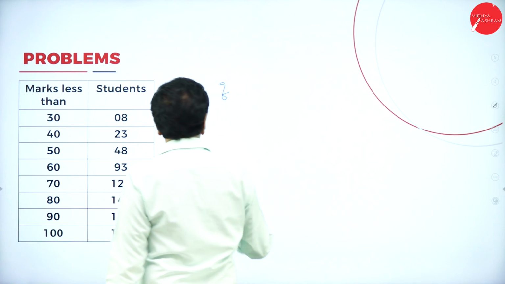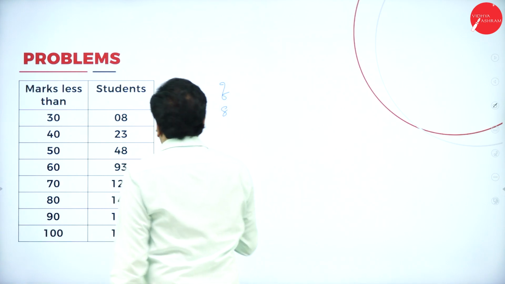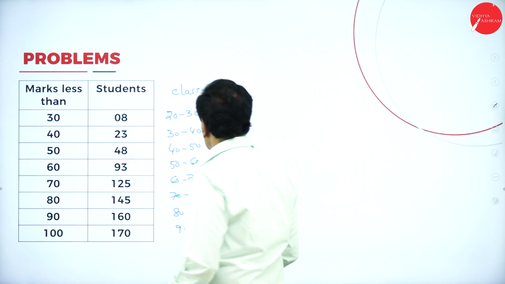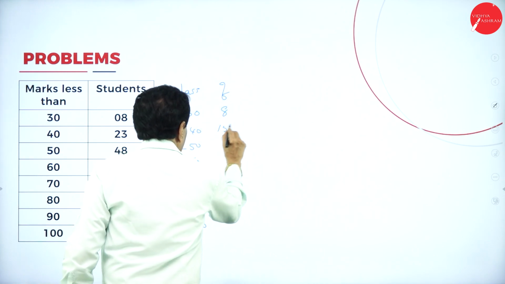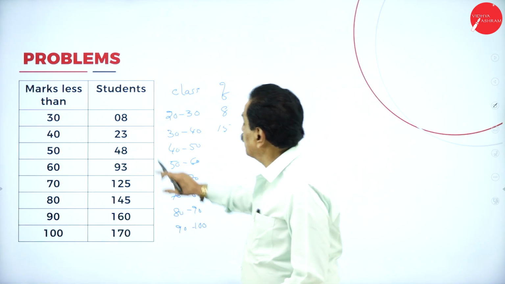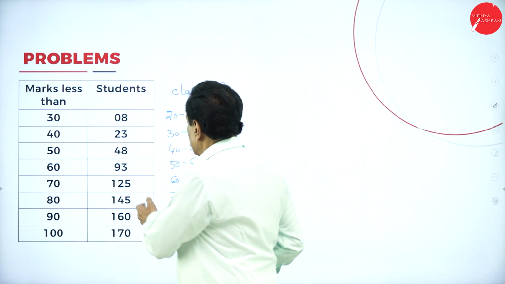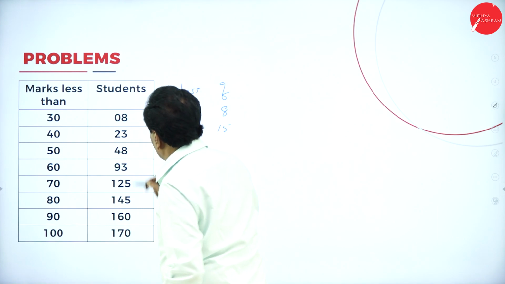What is the first number? 8. Bring out the difference between 8 and 23. So it is 15 now. How to find out? What is the first number? 8. 23. So difference is 15. Bring out the difference between 23 and 48.